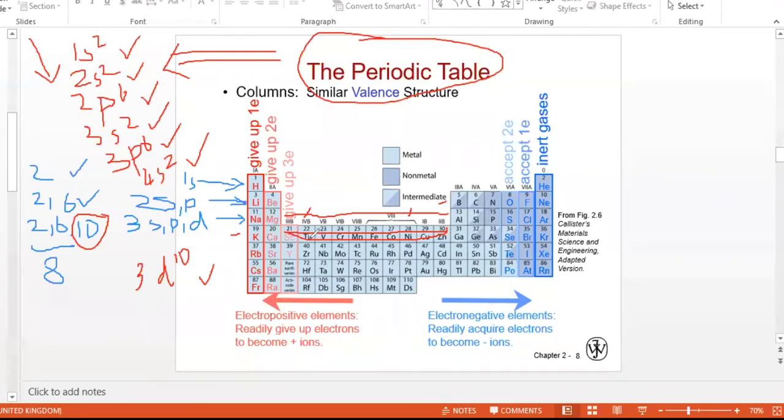This is the reason why we don't have these 10 elements here. If we had them here, then after 3s2 we must have 3d10, then we should have 3p6, isn't it? So this is your third orbit. For these two elements, we will write 3s2, and if they are here in this region, then that is 3d10.